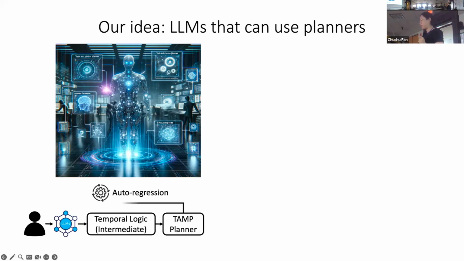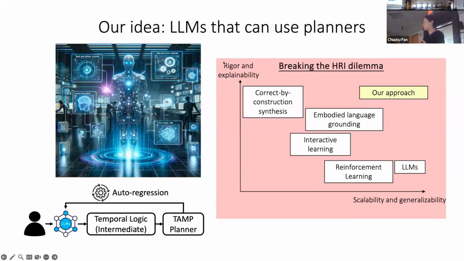Our idea is to use an intermediate language to connect large language models with the very powerful planning tools that we have developed and enable an autoregressive loop, in the hope of breaking this dilemma in human-robot interaction. We have all the traditional planning algorithms that are rigorous and explainable, but they're terrible in terms of scalability.